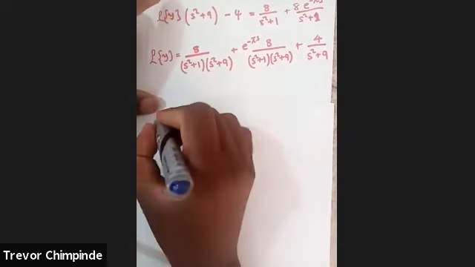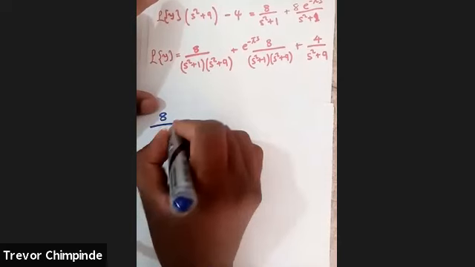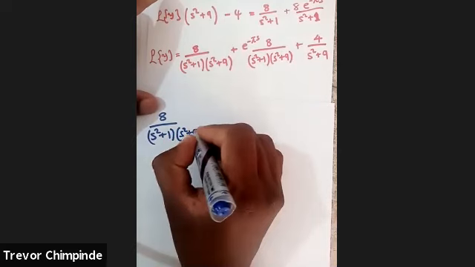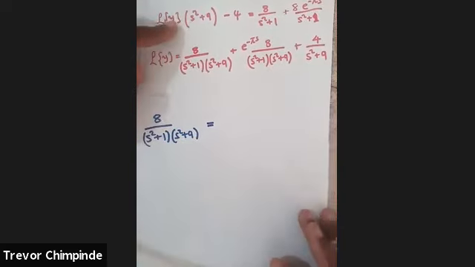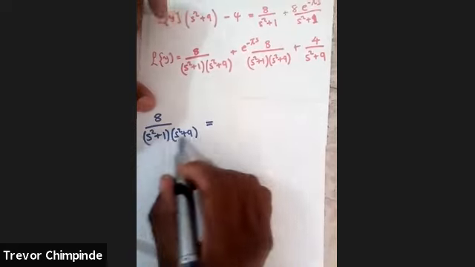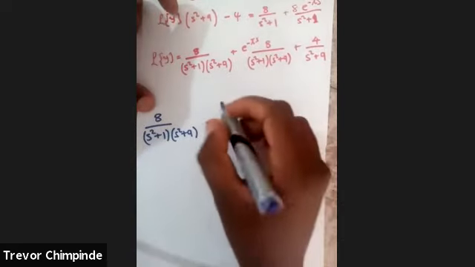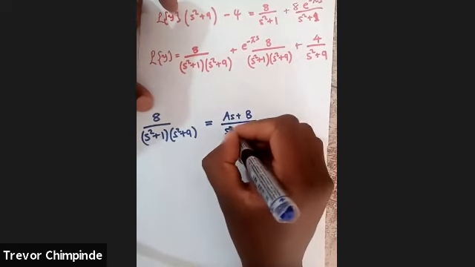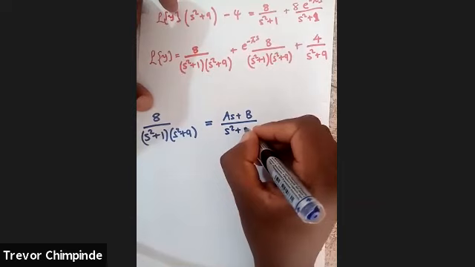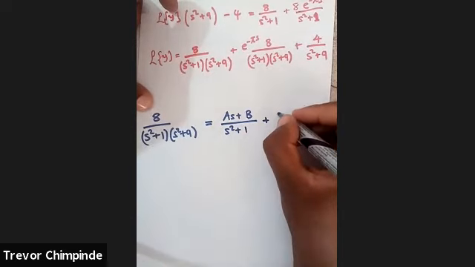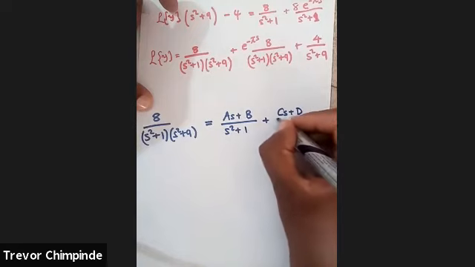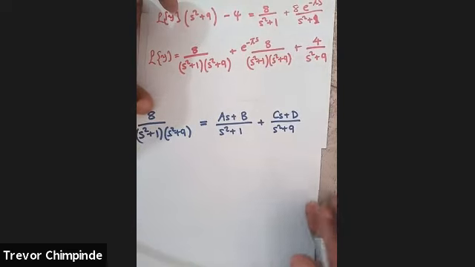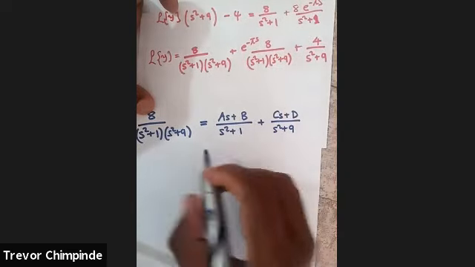What I will say is that 8 over (s squared plus 1)(s squared plus 9), if you decompose it into partial fractions, since these are quadratics and you can't factorize them, is going to be (as plus b) over (s squared plus 1), plus (cs plus d) over (s squared plus 9). So again, we just need to figure out what our a, b, c, and d are.